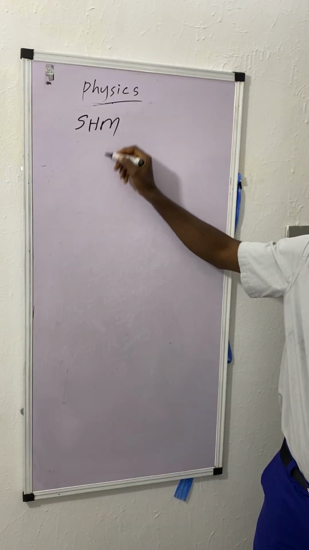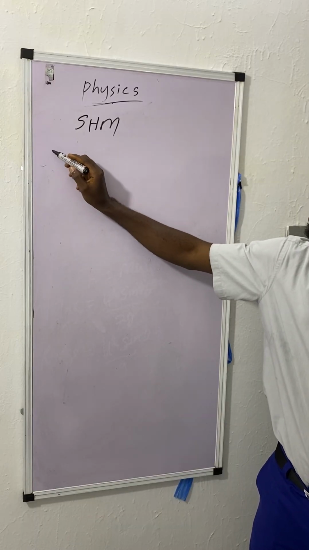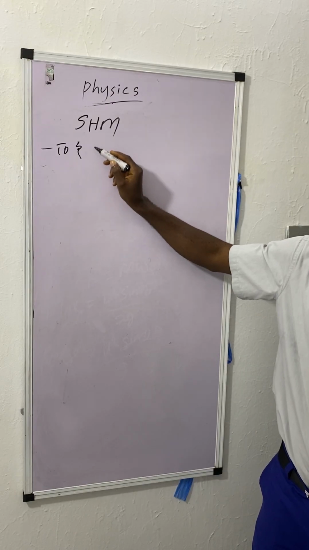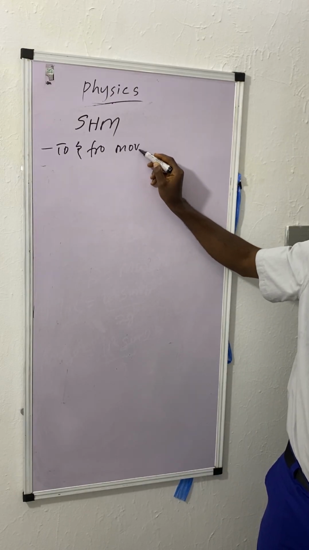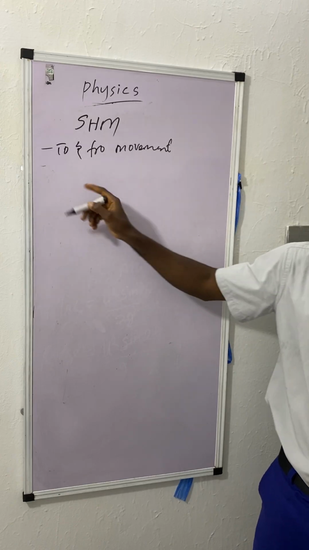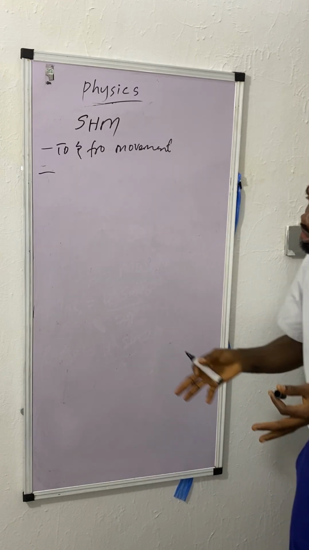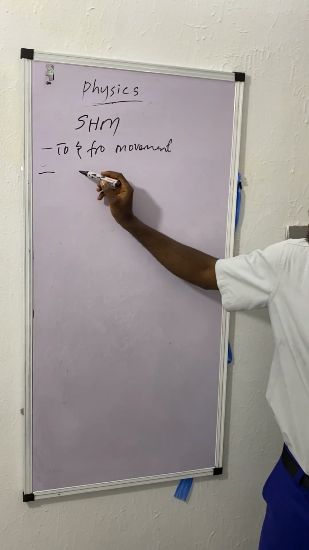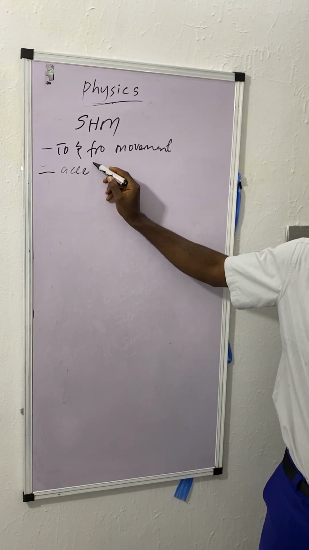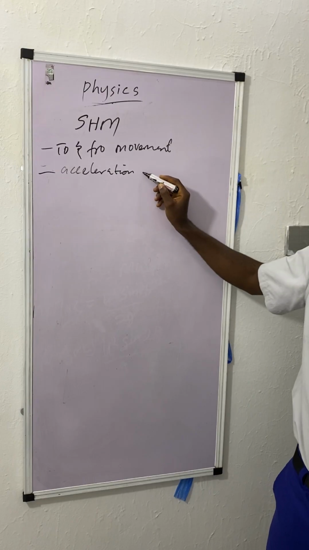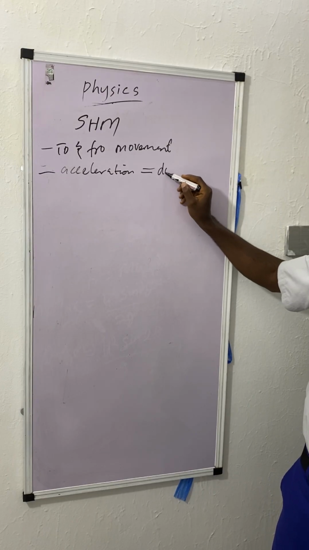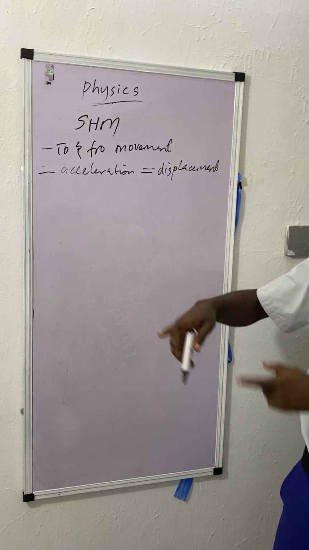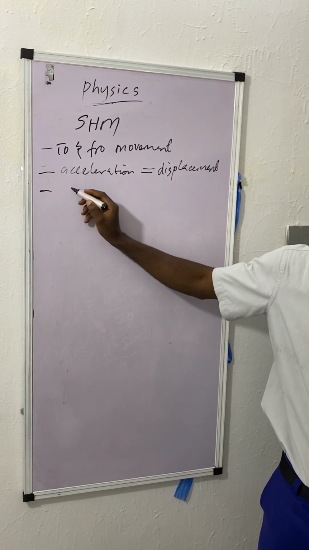It's an oscillation, or to and fro movement, of an object whose acceleration is directly proportional to displacement and directed towards the mean position.